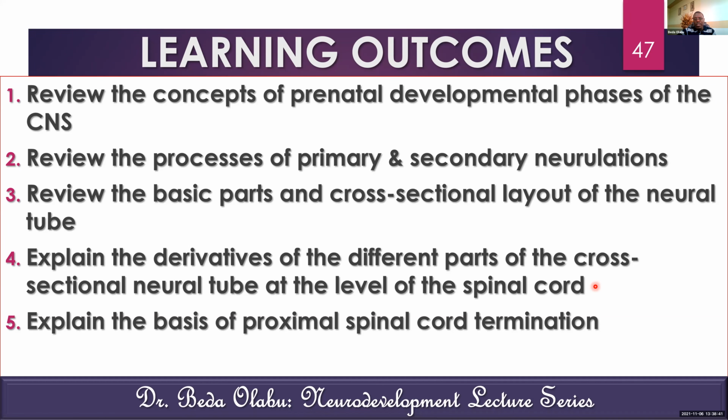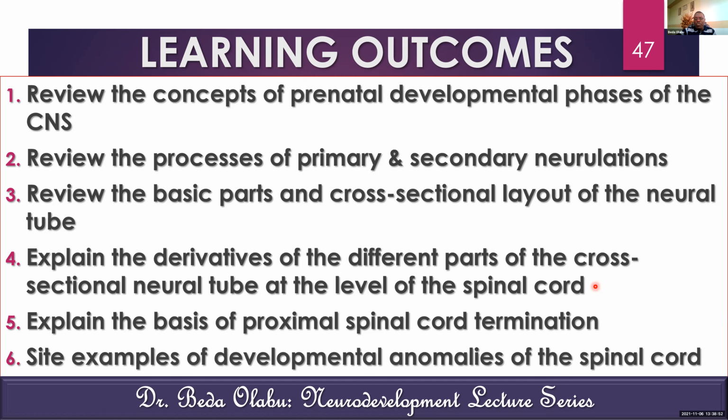And then we'll also explain why the spinal cord terminates at a higher level compared to the vertebral column. And we'll finish with looking at some of the developmental anomalies of the spinal cord, and that is where the spinal dysraphic disorders will also fall.